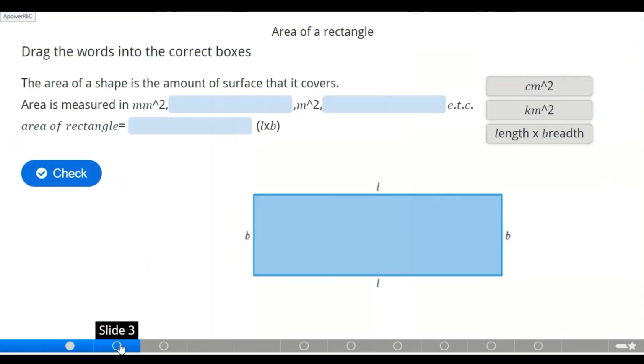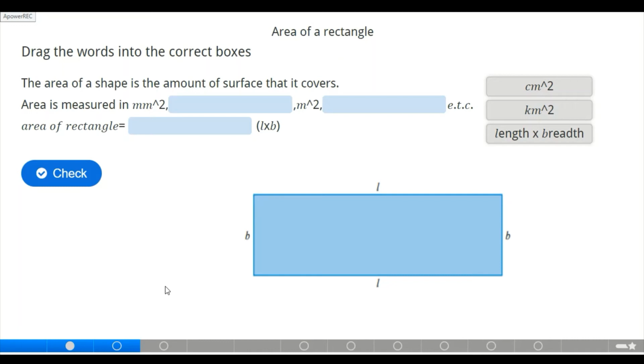Now let's look at the area of a rectangle. But before we go there, let's look at the definition of an area. The area of a shape is the amount of surface that it covers. So for any given shape, the area of that shape is the amount of surface that it covers.